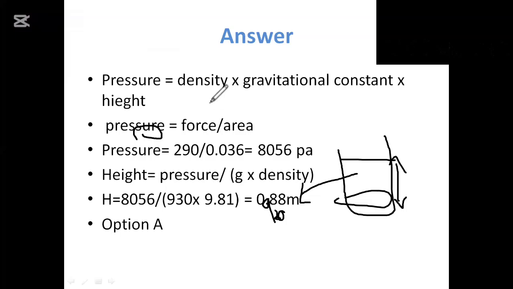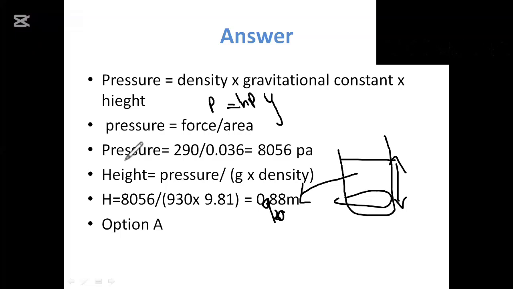You must have learned this equation. Pressure is equal to h rho g. And then the second equation for pressure for a solid: pressure is equal to force upon area. So basically we would use these equations to find out the pressure.